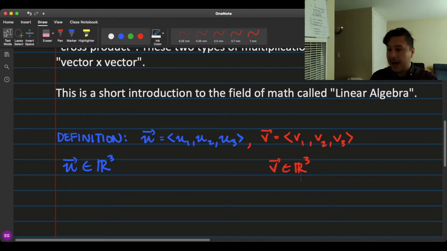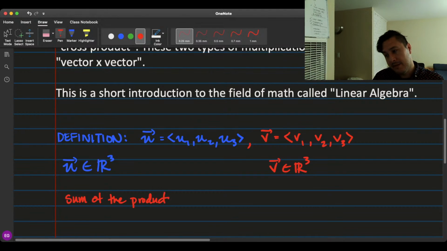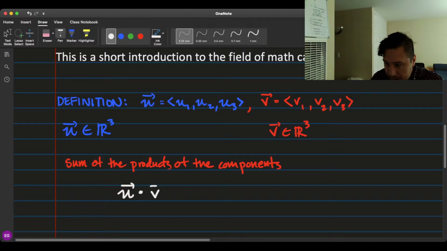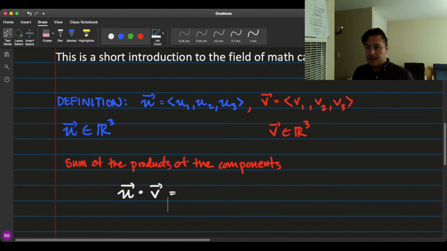Okay, so the dot product is defined to be the sum of the products of the components. So in other words, and this is how you write it, to write the dot product, you write u dot v. The dot tells you that you're doing a dot product.